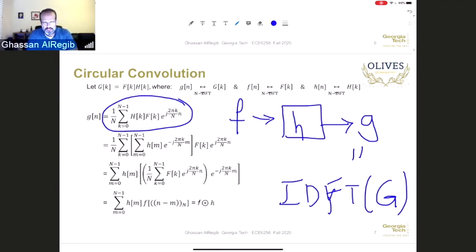This is the inverse DFT, where we have 1 over N. If it's 2D, it will be 1 over MN, or if it's an equal-size square image, then it's 1 over N squared. So this is 1 over N, summation over k, and then we replace capital G with the product of H and F, with e to the positive j 2 pi k n over N. We went through the whole process to get, at the very end, the circular convolution. This is something we did last time.